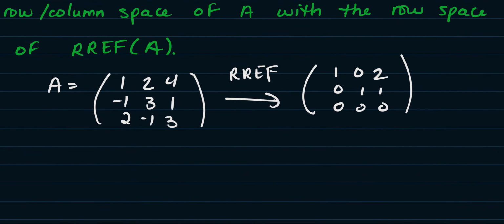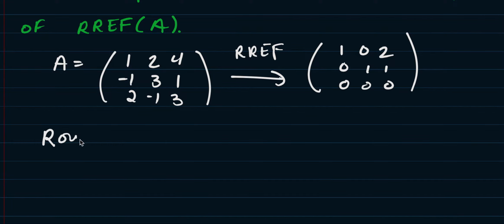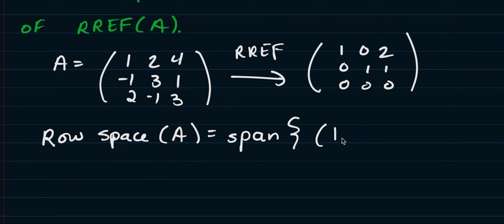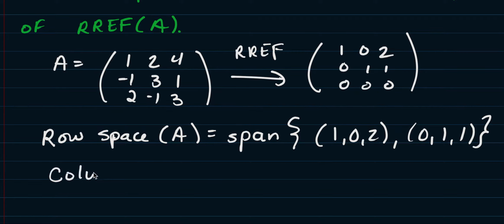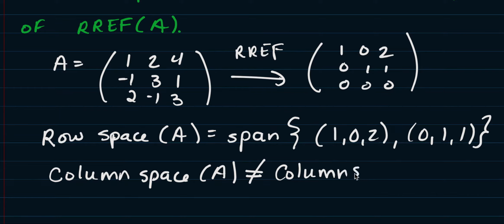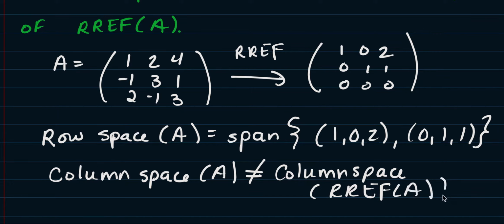And we said that the row space was equal to the span of 1, 0, 2, 0, 1, 1. And that's because it's the row space of the reduced row echelon form. Now the column space of A is not equal to the column space of the reduced row echelon form of A. Okay?